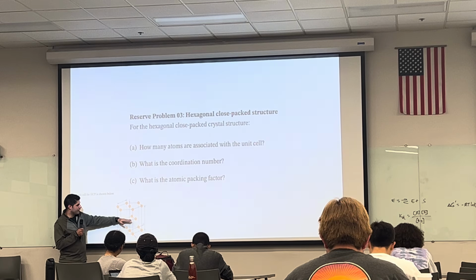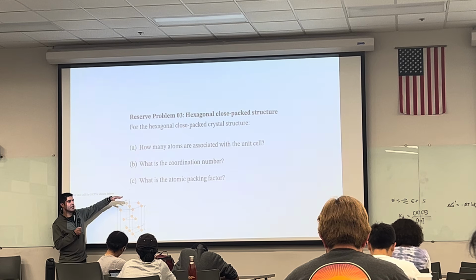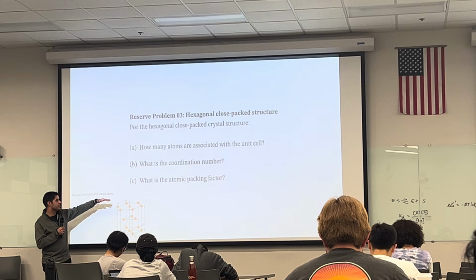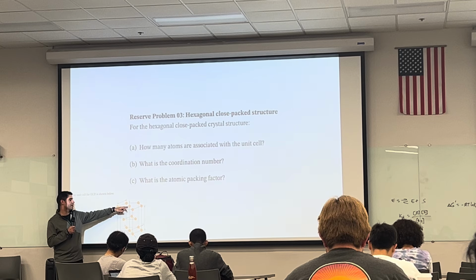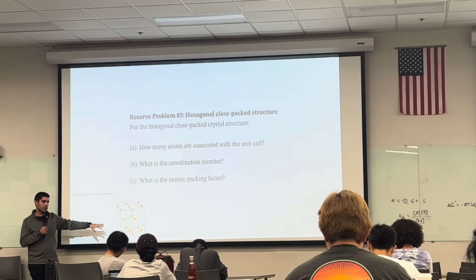Plus you have 3 at the upper surface, and also you have 3 at the bottom surface, right? So in total that means 12 atoms which are closest to that atom. It is the same for the other atoms as well.